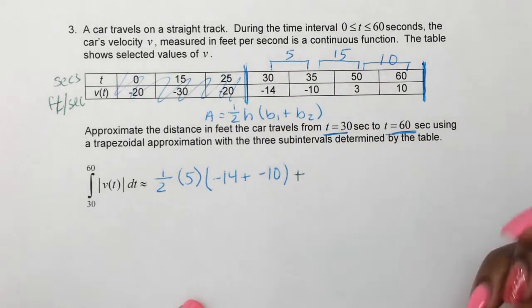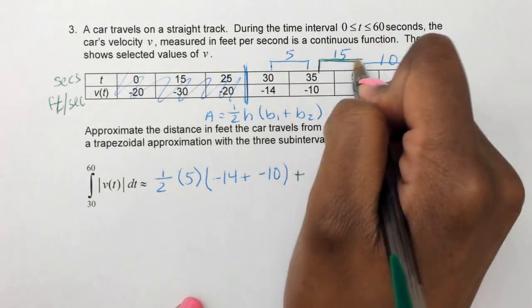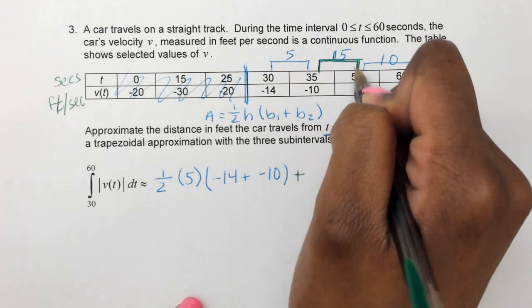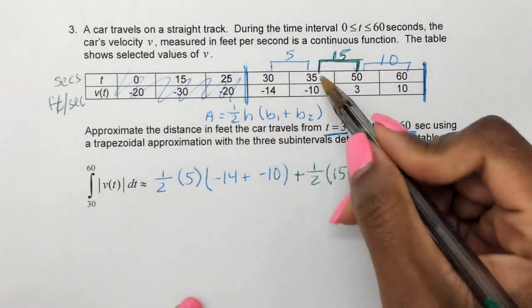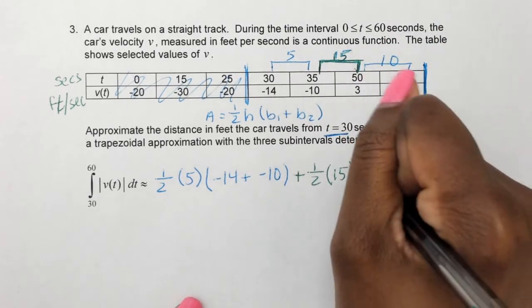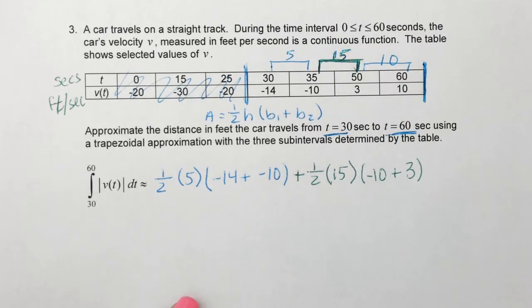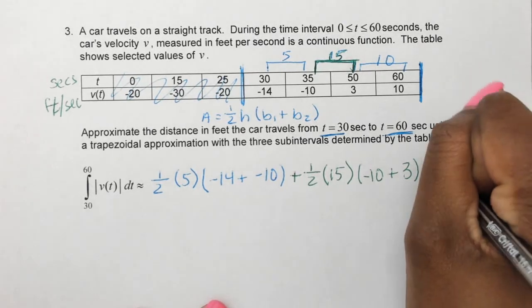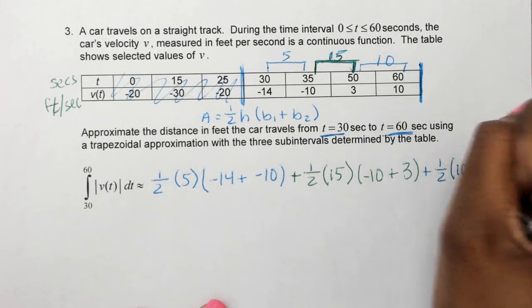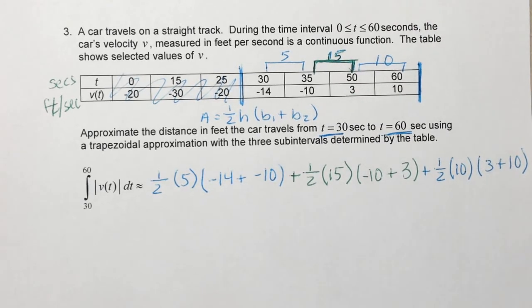And we're going to add to that our second trapezoid, which has a subinterval of 15, so we have 1/2 times 15, and the first y value of that subinterval is negative 10, plus our second y value, which is 3. And then our last trapezoid has a subinterval of 10, and our first y value is 3, and our second is 10.